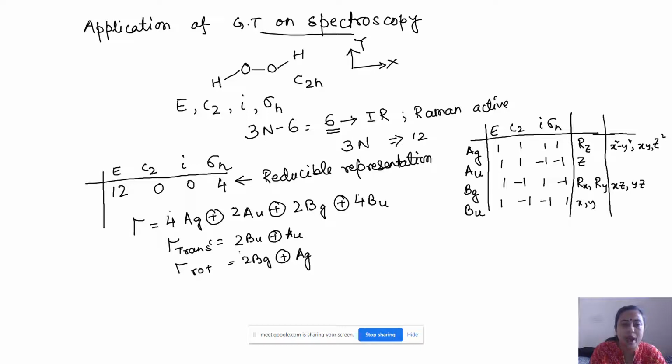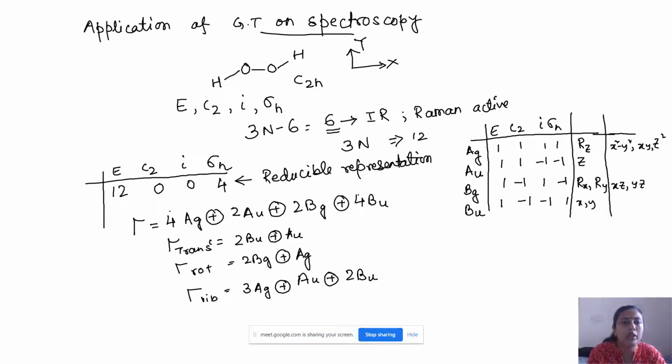Now if we subtract these irreducible representations from the total, we get Gamma vibration equal to 3Ag, 1Au, 2Bu.